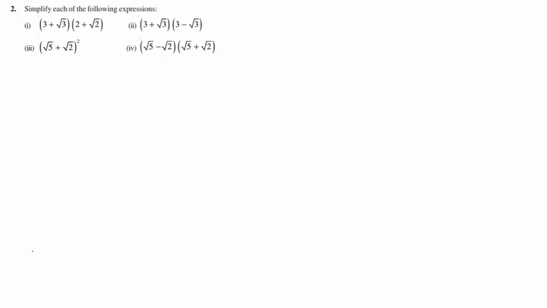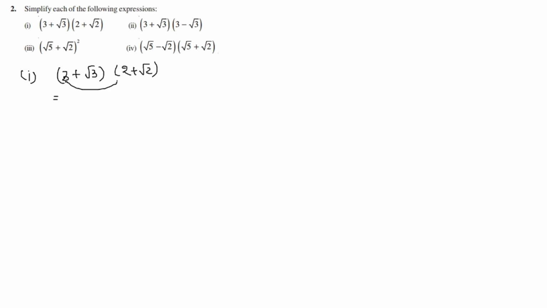Now the second question says simplify each of the following expressions. The first part is (3 plus root 3) times (2 plus root 2). We have to simplify, which means we have to open the brackets.